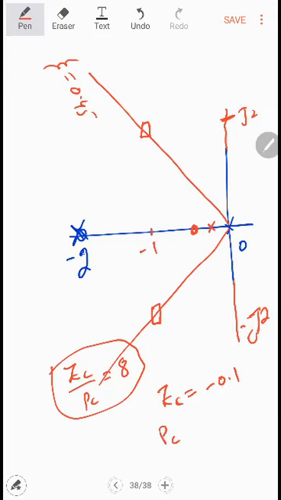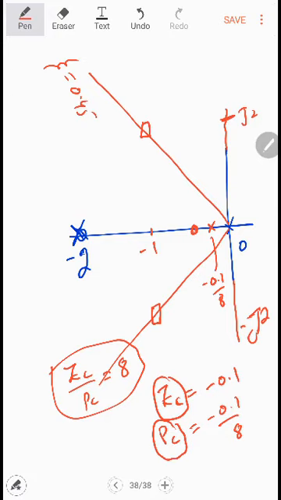PC should be equal to ZC divided by this ratio, so PC will be equal to -0.1 divided by 8. So this should be the location of the pole. You see, this is approximately at 0, and this is near to the 0. So we place the pole at -0.1 divided by 8.